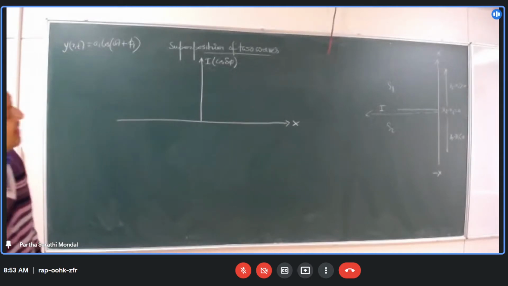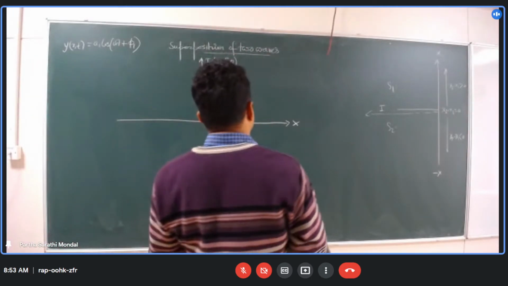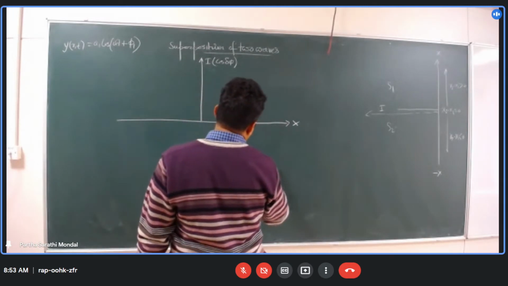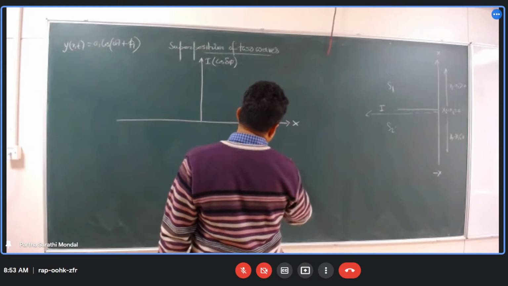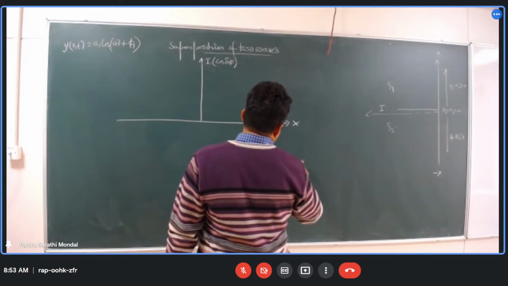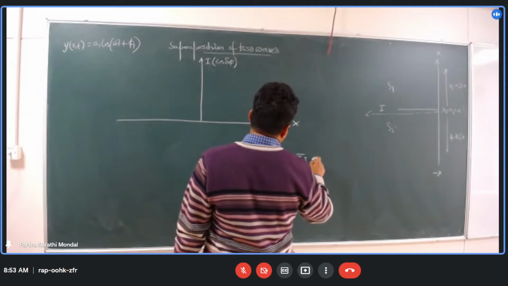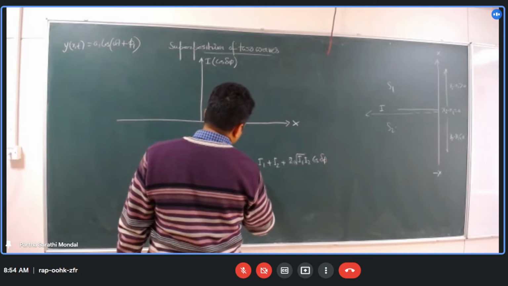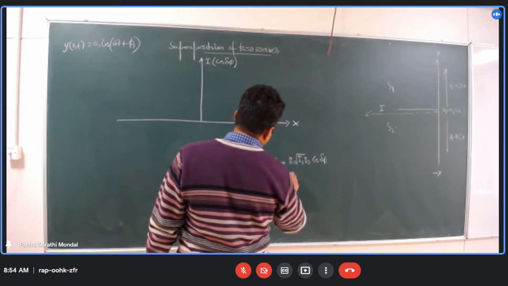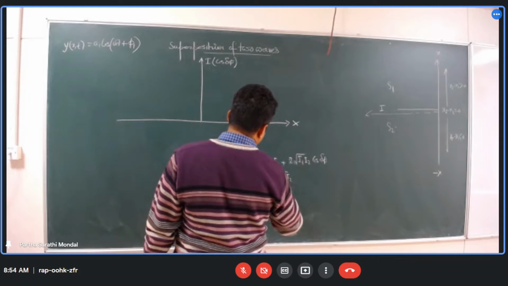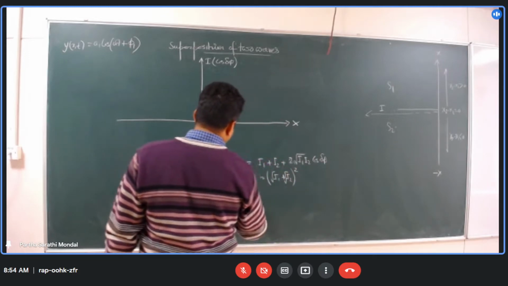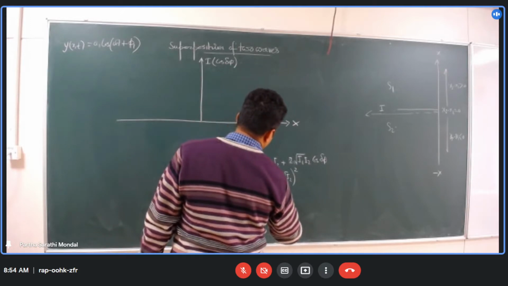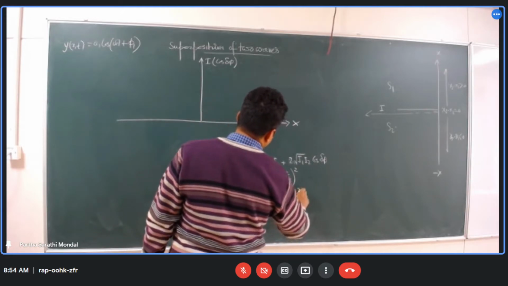Okay. So now we know that the total intensity is actually I1 plus I2 plus 2 root I1 I2 cos delta phi. So we know that I max is actually root I1 plus root I2 whole square, and I min is root I1 minus root I2 whole square.